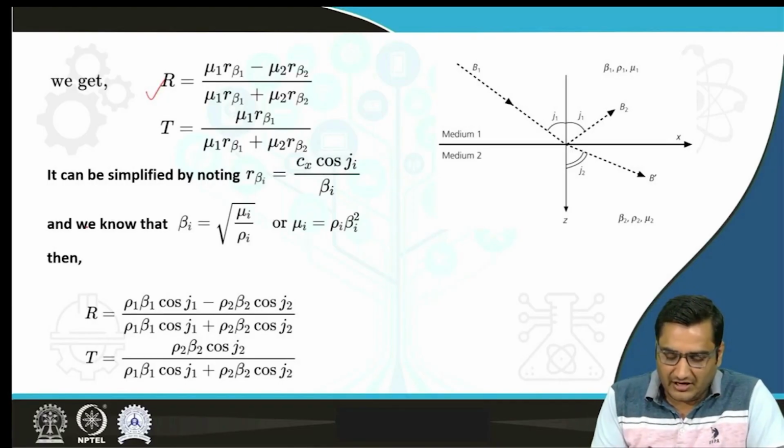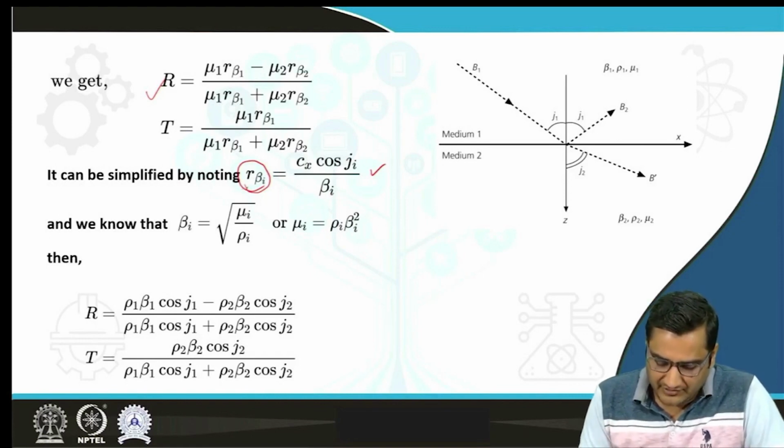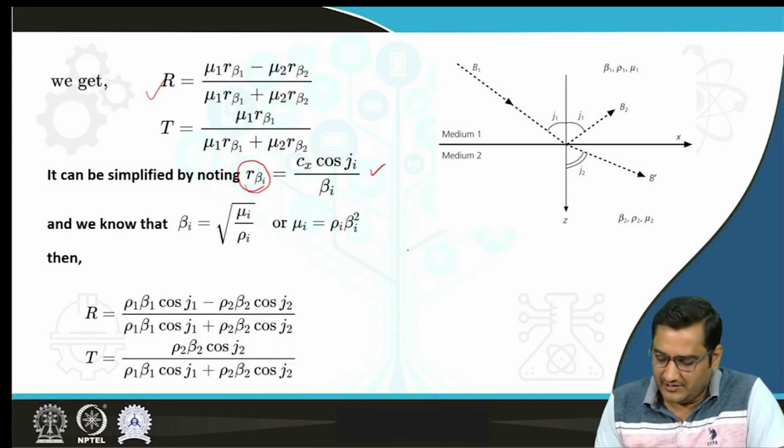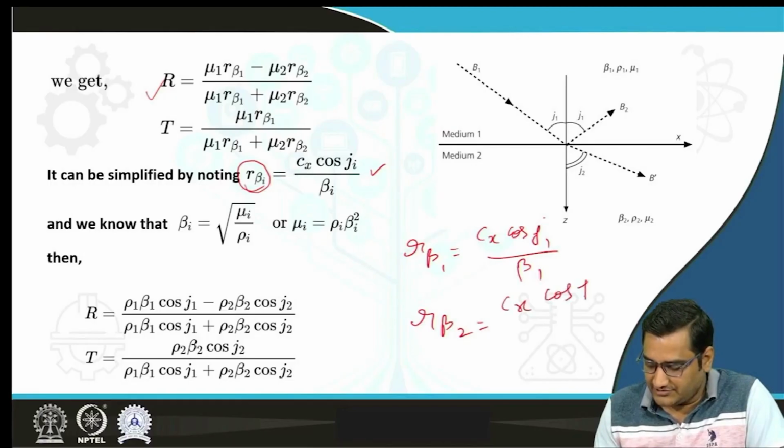So now you can see that this R beta 1 or R beta 2 can be written in this form, that is Cx cos ji by beta i. So if you are writing for medium 1, then R beta 1 will be equal to Cx cos j1 divided by beta 1. Likewise R beta 2 will be equal to Cx cos j2 by beta 2.